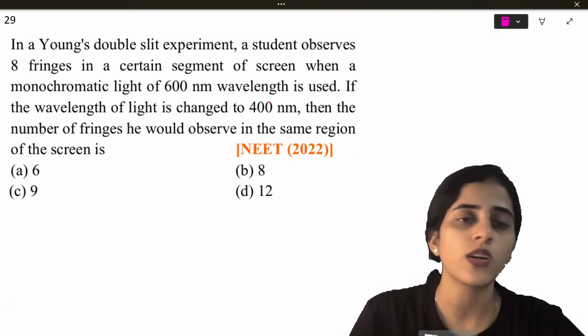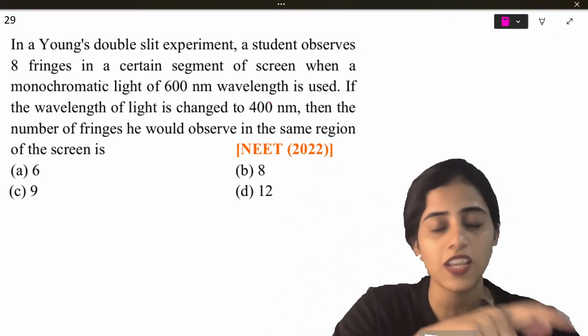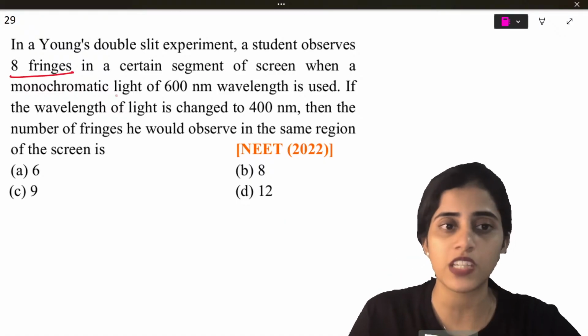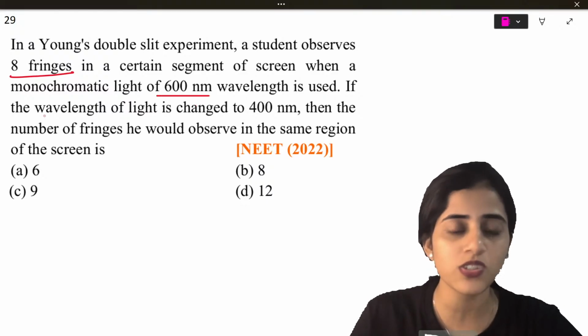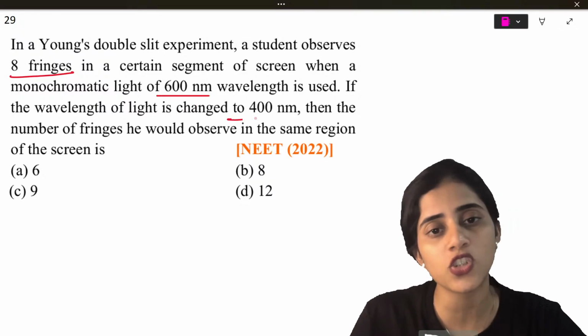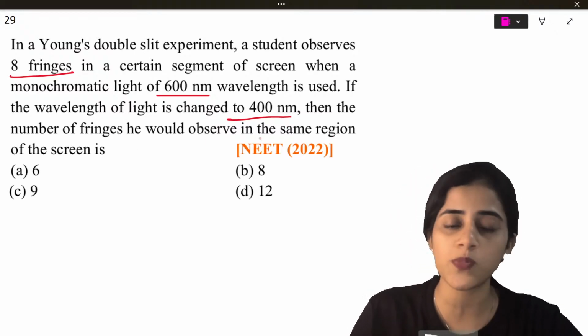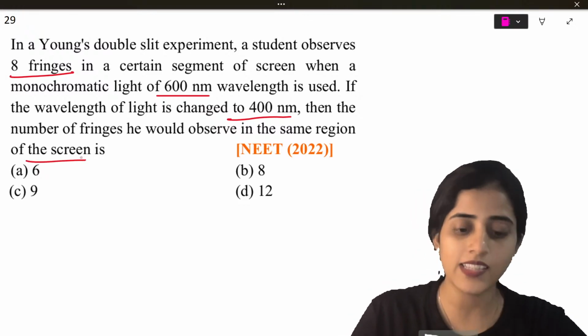In Young's double slit experiment, a student observes 8 fringes in a certain segment of the screen when monochromatic light of 600 nanometer wavelength is used. If the wavelength of light is changed to 400 nanometers, then the number of fringes he would observe in the same region of the screen is how much?